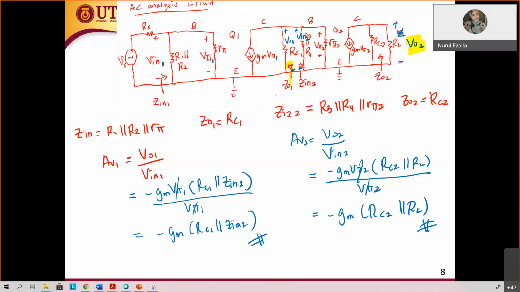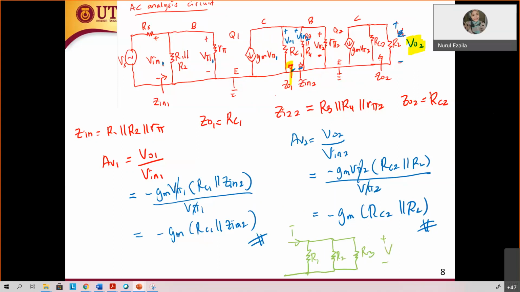Okay, Behzan. In single stage, whatever stage, common emitter or whatever, if you find the voltage, this is basic. I just want to draw with a different color. If you have resistor R1, R2, and R3, and then this is your current, how do you find V?